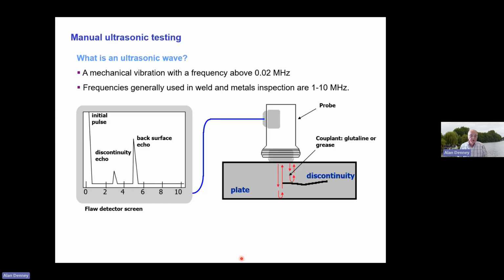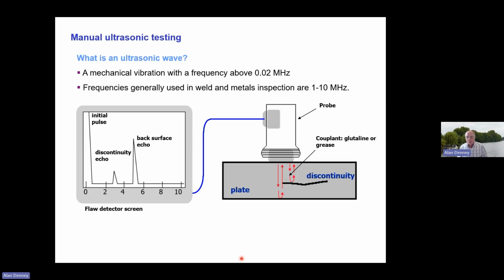And what you see on the left-hand side is what's called a time base, which is the path of the beam. There is an initial pulse that you can see there, which we will ignore for present purposes. But the first blip is the echo from the discontinuity, and the second blip is from the back surface.